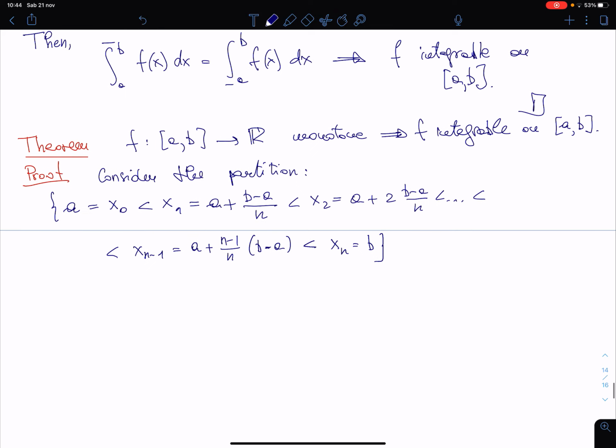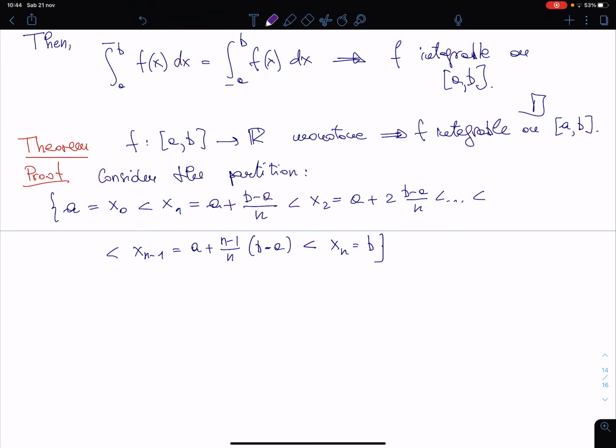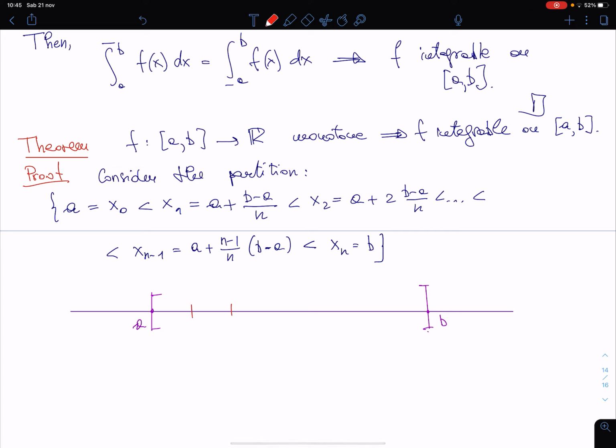What am I doing here? Very, very, very elementary. This is the real line. Here you have A, here you have B, and here you have your partition.